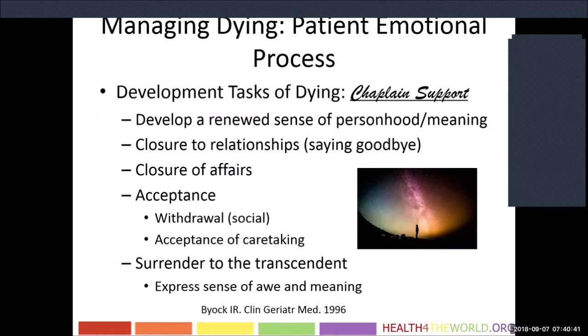It just means that sometimes they're sad, but sometimes it's like they're not tied to this world anymore, and they're looking to something beyond. And then you see people who have been independent, accepting of the caretaking that they may have resisted before, especially your really independent patients are now allowing people to take care of them.